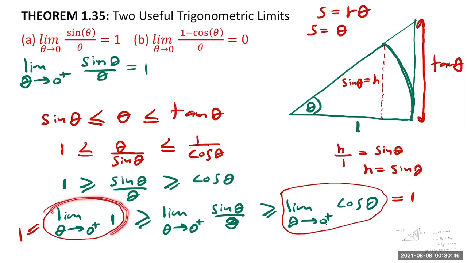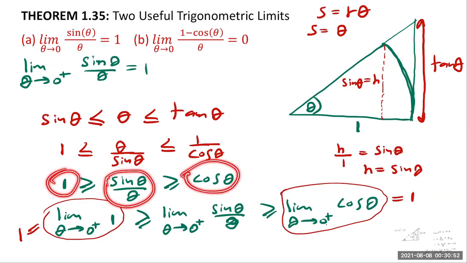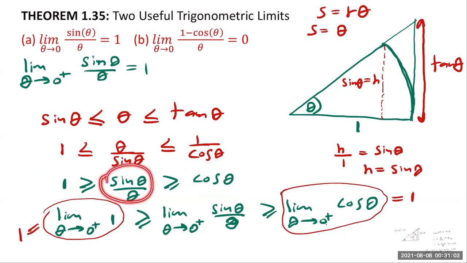If you look at this function, it is stuck between these two functions, and the limit of this function as theta approaches 0 is 1. The limit of this function is also 1. So the limit of this middle function should be 1 as well by the squeeze theorem.